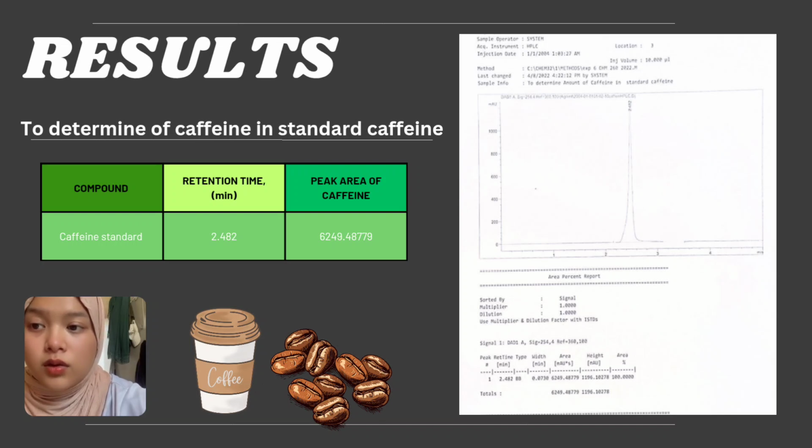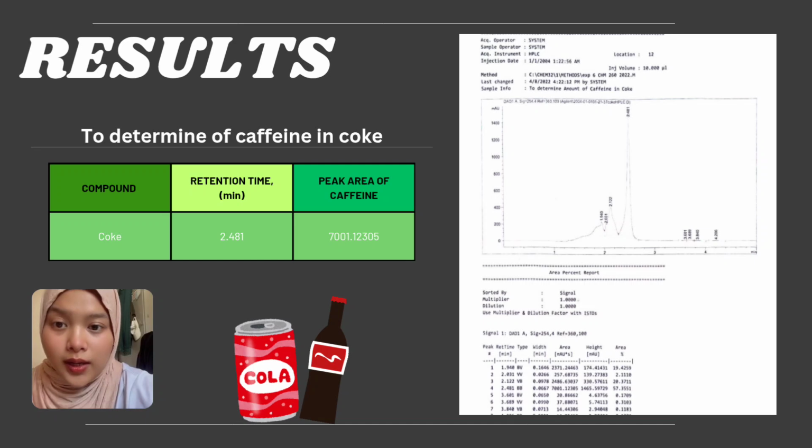Based on the graph, the retention time for standard caffeine is 2.482, while the peak area of caffeine is 6249.48779. Next, the retention time for caffeine in Coke is 2.481, while the peak area of caffeine is 7001.12305.